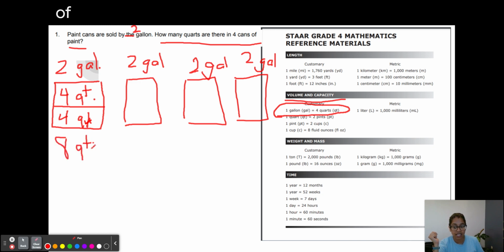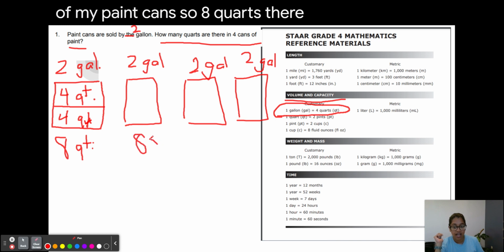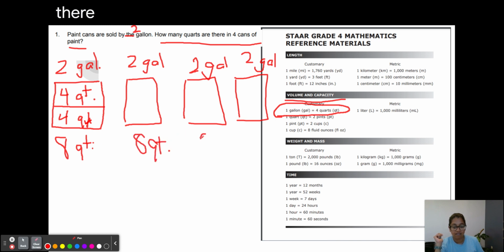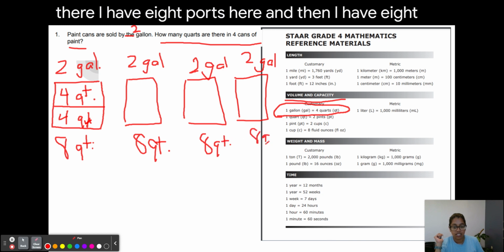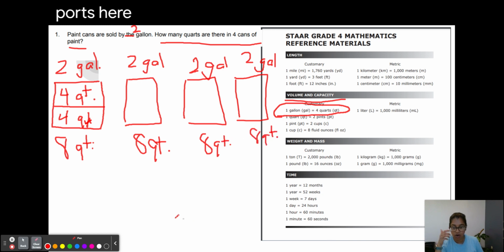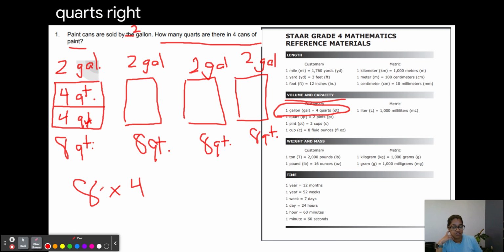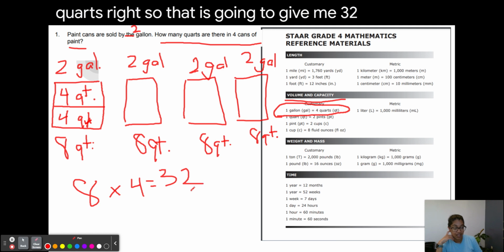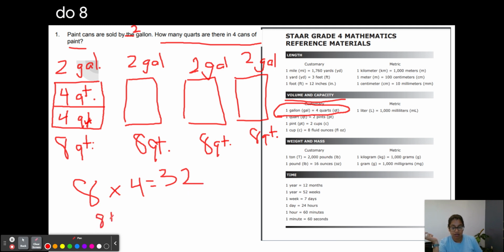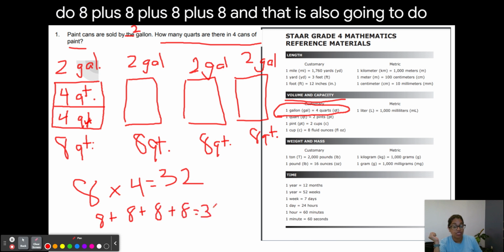So I have 8 quarts there, 8 quarts there, 8 quarts here, and 8 quarts here. All together I have 8 times 4 quarts, which gives me 32. Or I could do 8 plus 8 plus 8 plus 8, and that is also 32.